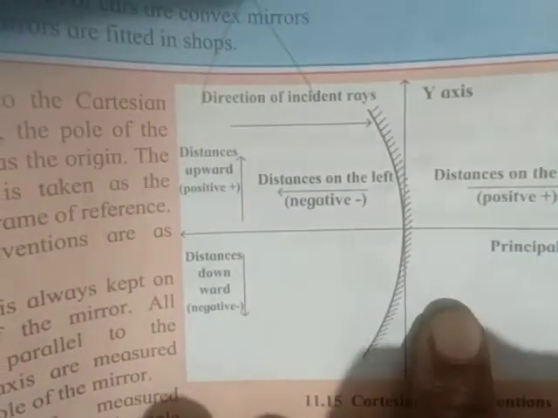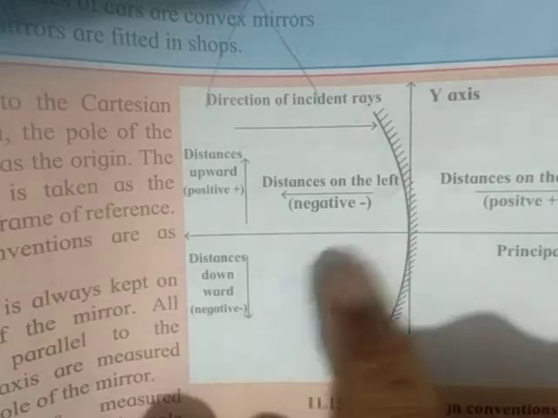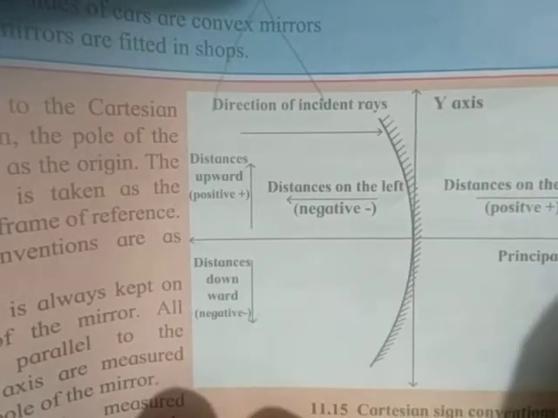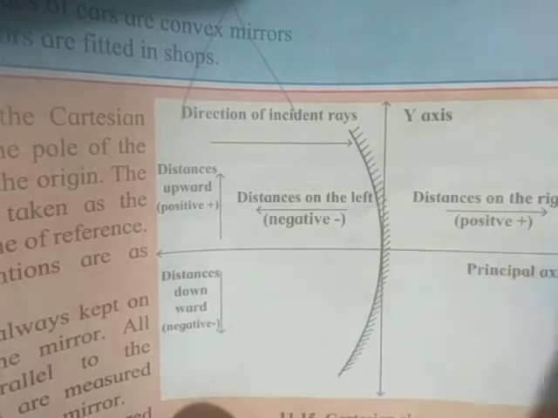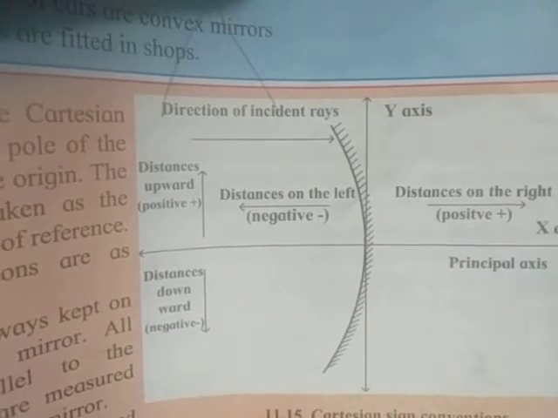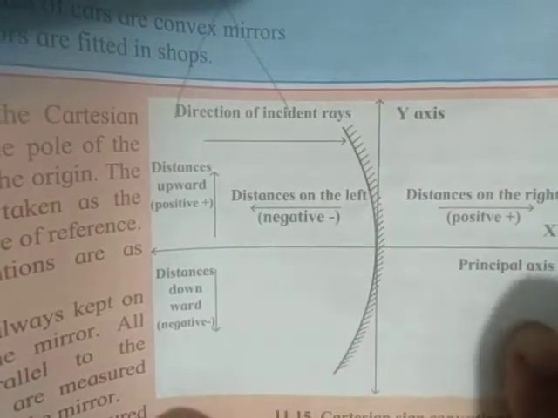And these quadrants are made by the crossing of the two axes, that is the x-axis, which is a horizontal axis, and the y-axis, which is the vertical axis. Because of this intersection of these two axes, we get 4 different quadrants, 1, 2, 3 and 4.